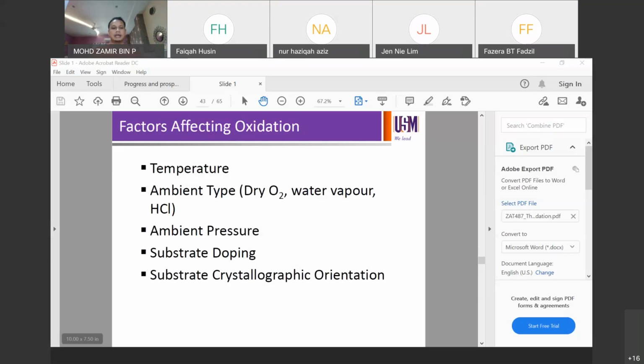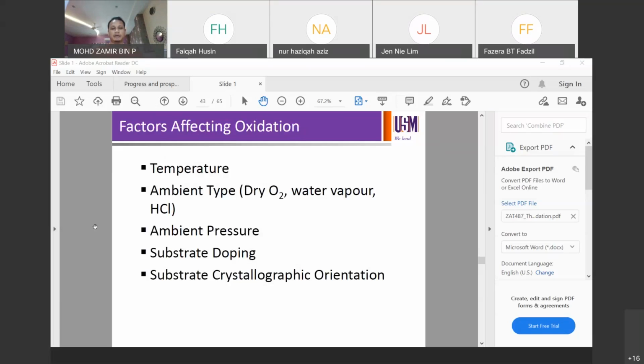Right. So now let's look at how many factors affect the oxidation process. So there are factors which could affect the thermal oxidation process. One is temperature at which you run the process. The lower or the higher will actually give you different oxidation rate. The second one is ambient type.